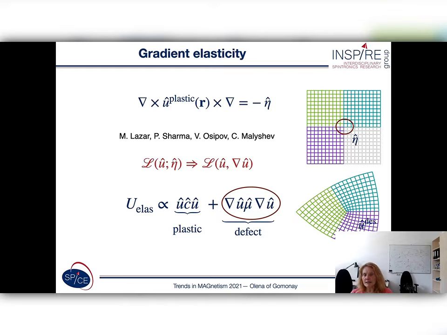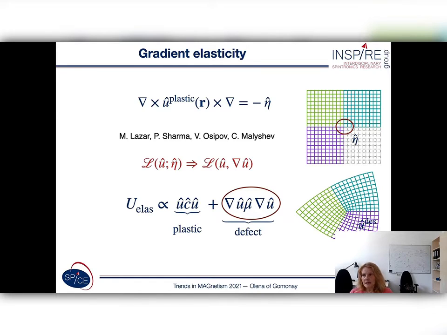However, recently several research groups from different places, I give here only some of the names, Lazar, Sharma, Osipov, Malyshev, suggested a technique which allows regularization of this problem. In other words, these equations of elasticity theory in presence of the defect could be formulated in terms of Lagrange formalism, and in this case we need to add gradient terms in strains into the description of the system.